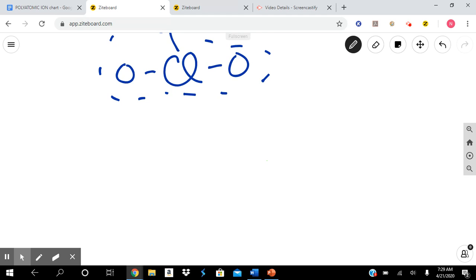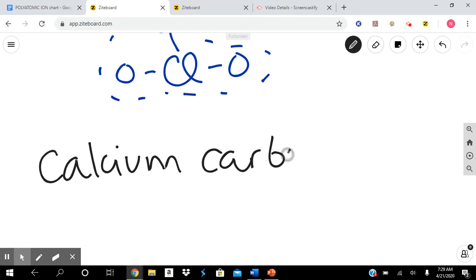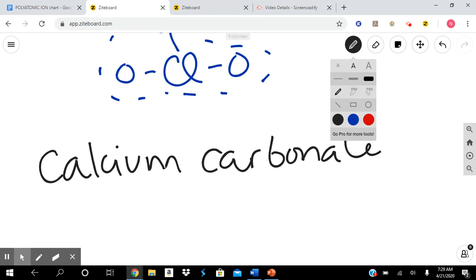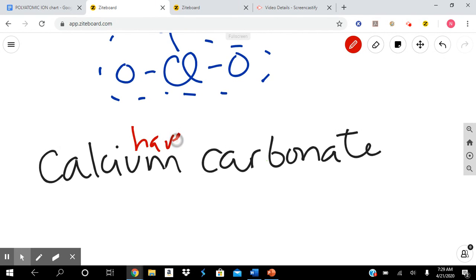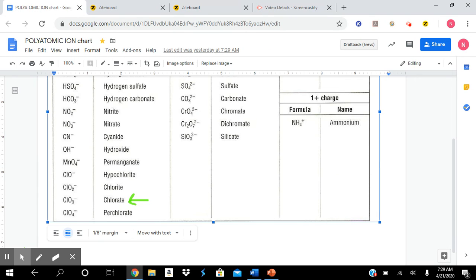All right, number 2 was calcium carbonate. So calcium is written as, what does it have? You can find calcium in group 2 of the periodic table. And then I look and I have carbonate. The ate ending lets me know that it is coming from this chart.